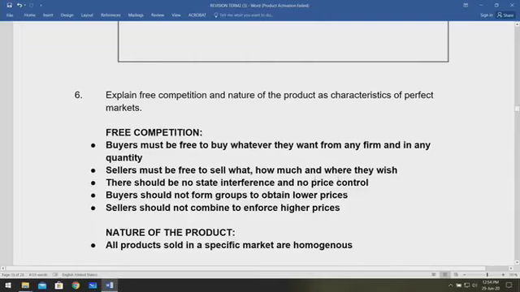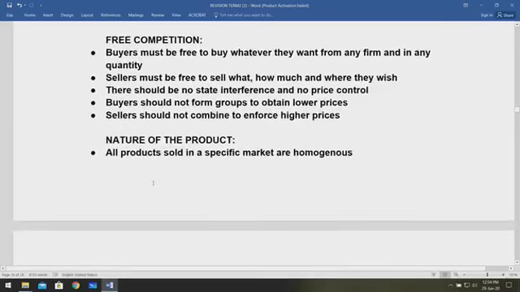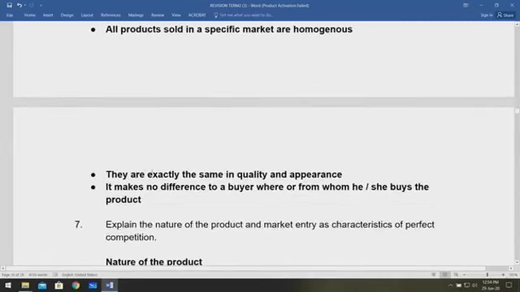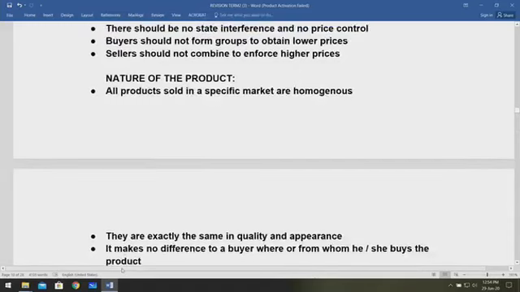They also speak about how buyers should not form groups, nor should sellers combine to enforce higher prices. So there are 5 points given. You only need to give 2 of the 5 for free competition, and you only need to give 2 of the 3 under nature of the product, right?